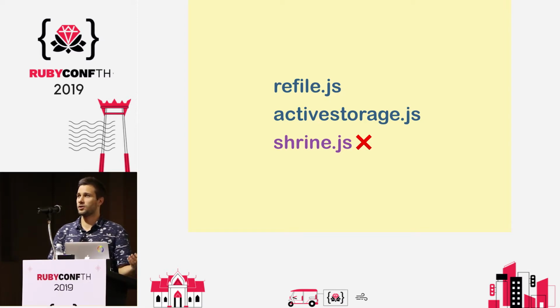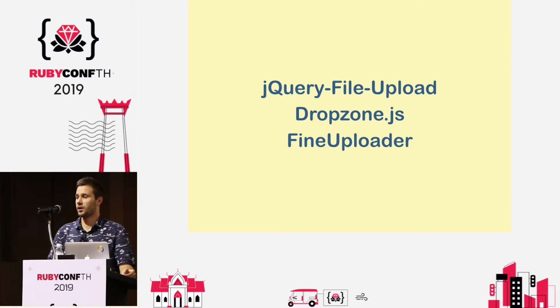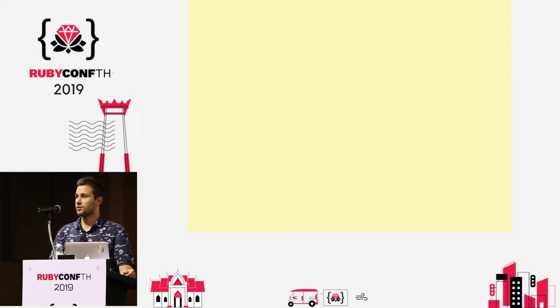Especially because there are so many other generic JavaScript solutions that will not have many of the bugs that my implementation would have. And when I'm talking about these other solutions, I'm not talking about any of these because I didn't find them very advanced or easy for implementing things such as direct uploads to S3.